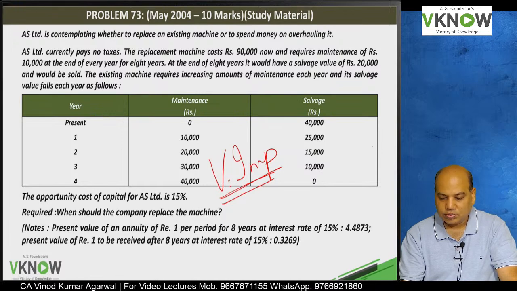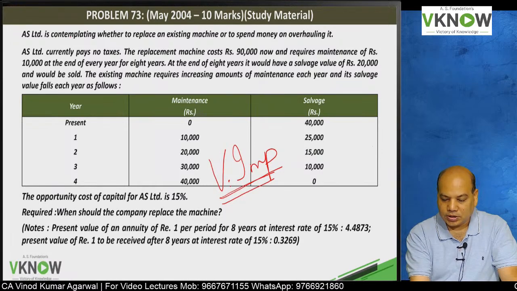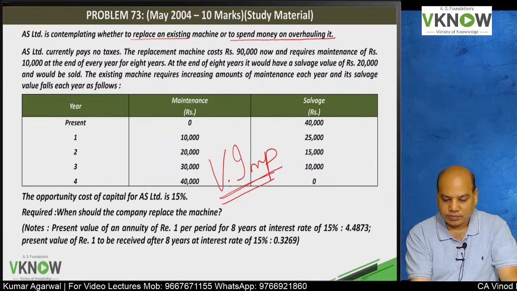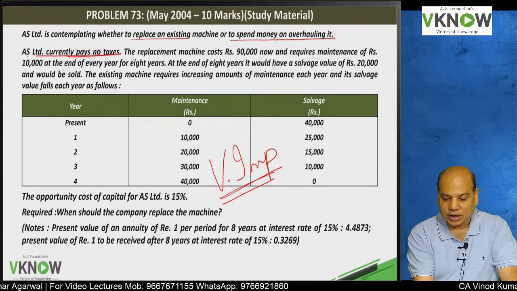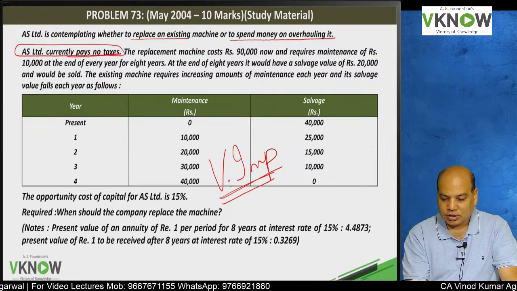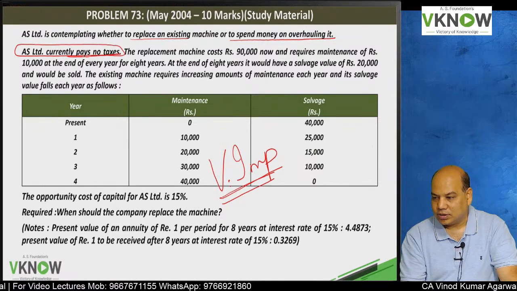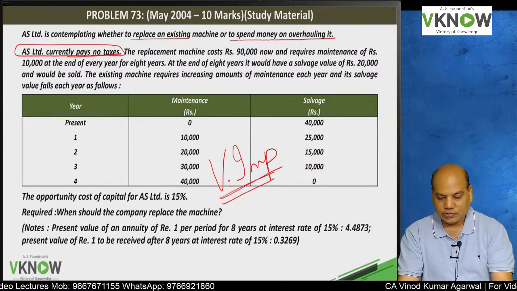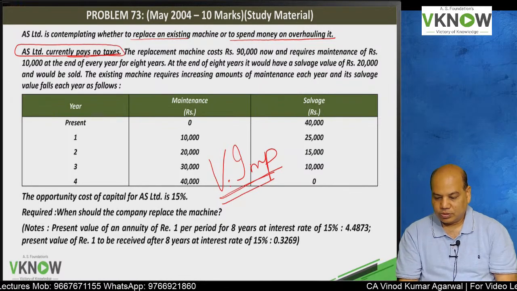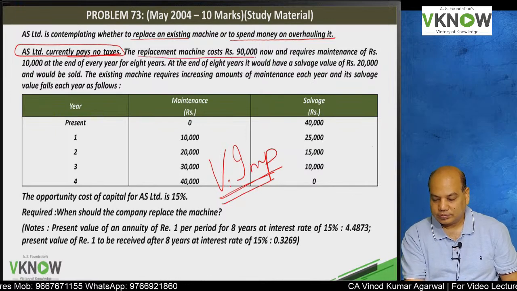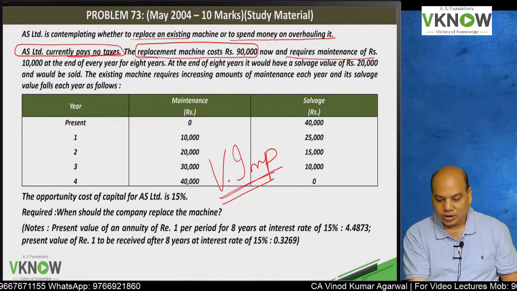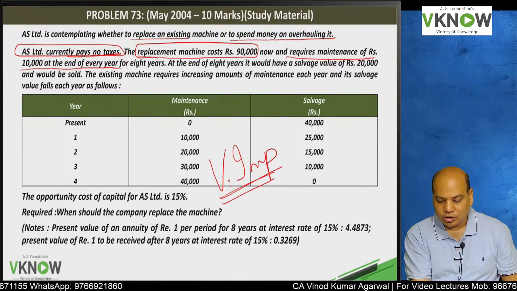So same question, whether you should replace it or you can continue to use it for some more years. AS Limited pays no taxes. The replacement cost of the machine is 90,000 rupees. So what is 90,000 rupees here? Cost of the new machine, and it requires maintenance of rupees 10,000 at the end of every year for 8 years.